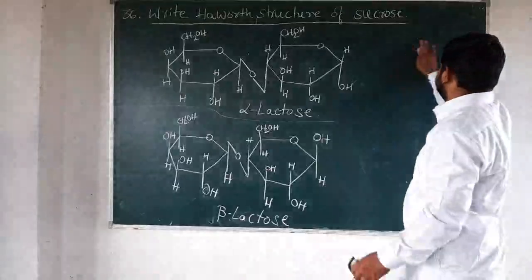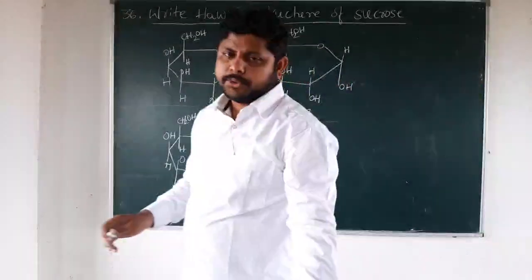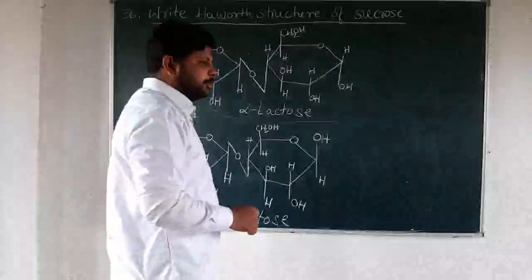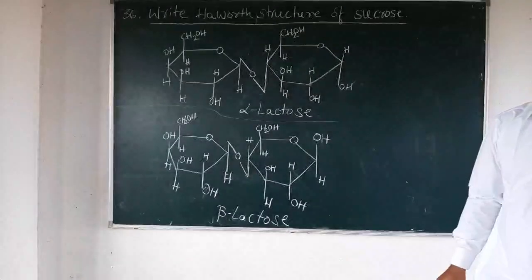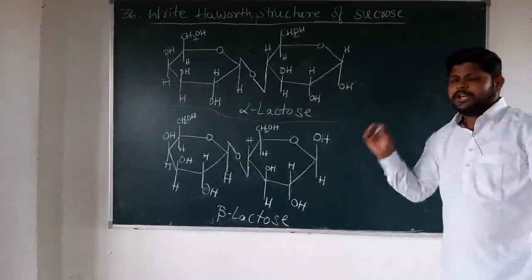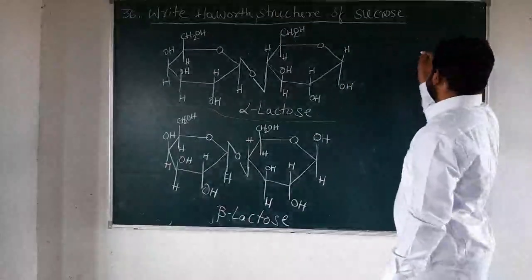For sucrose, there is no alpha or beta, because sucrose is a non-reducing sugar. It does not contain an OH group on the anomeric carbon atom. It has only one structure.